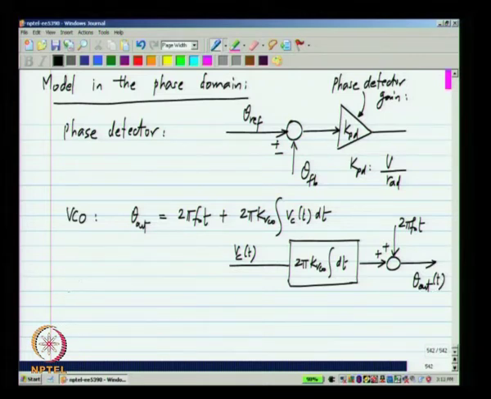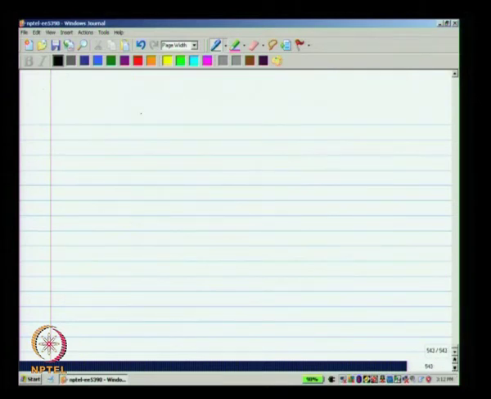And finally, the counter or the frequency divider. In this case, the output phase theta f b will be simply the input phase, which is the output phase of the phase lock loop, divided by n. Here the frequency divider is operating with an input theta out.